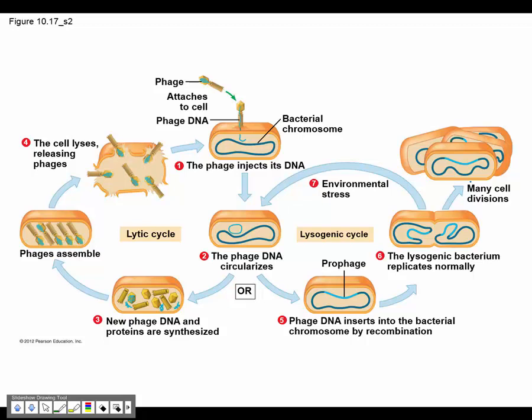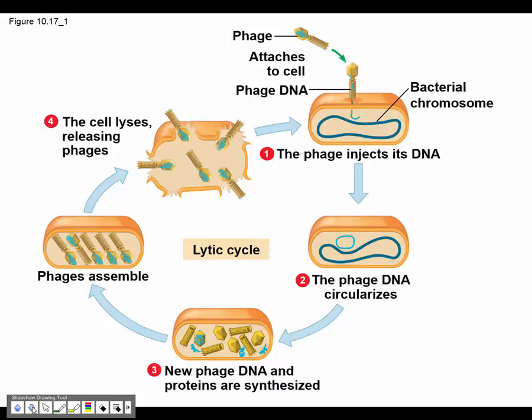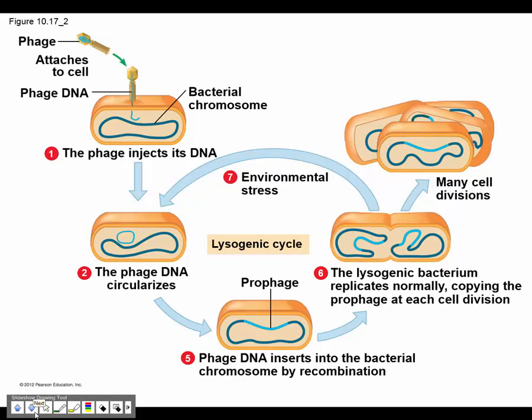Canker sores are kind of like this. So sometimes you'll get canker sores and sometimes you won't. But that viral DNA has been inserted into your cell's DNA, and every time your cell reproduces, it carries it with it. And then something starts it and causes it to pop out. So there's the short and there's the long cycle.